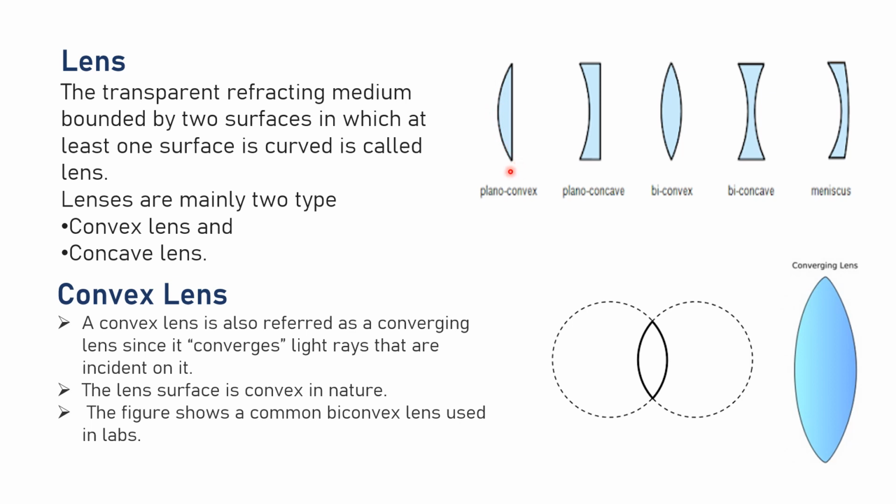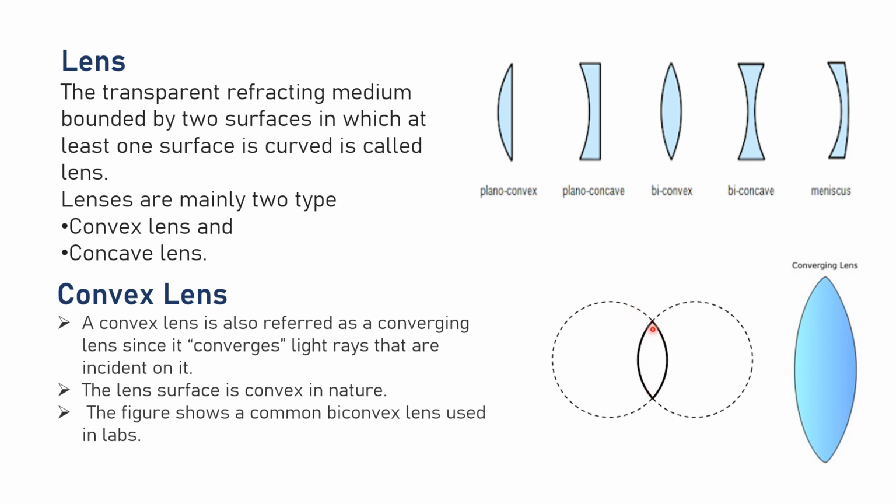But otherwise, in our studies, we are going to take a biconvex lens. It has two curved surfaces, and these two curved surfaces we got from two spherical surfaces.